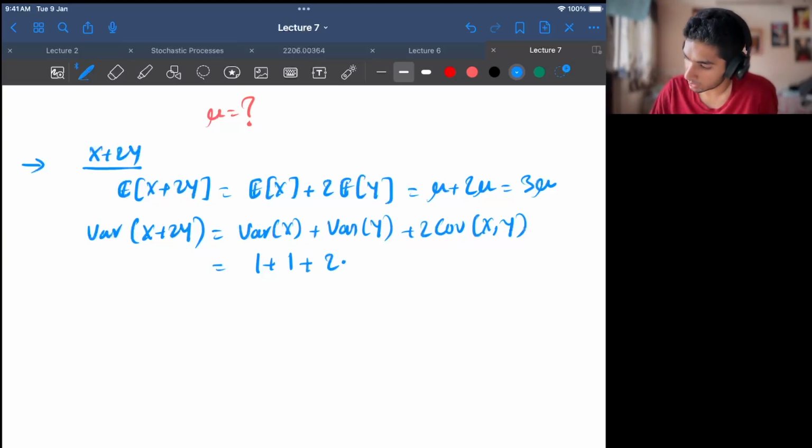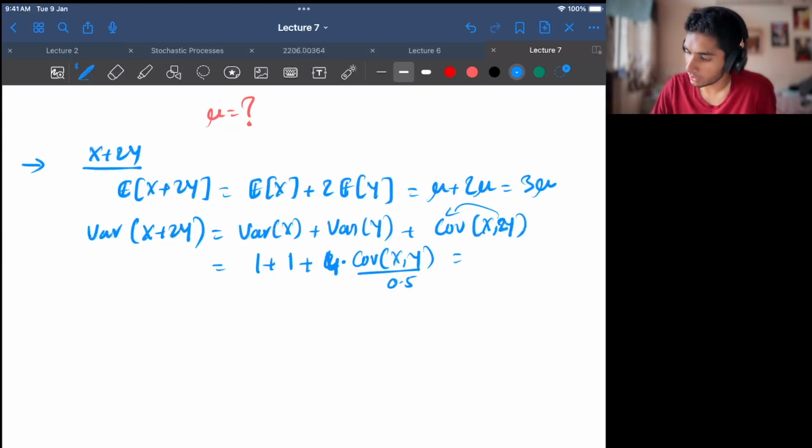So this is 2y, right? So 2 will come out, and this will become 4 times covariance of x comma y, and this we know is 0.5.